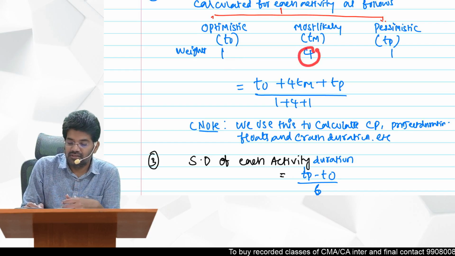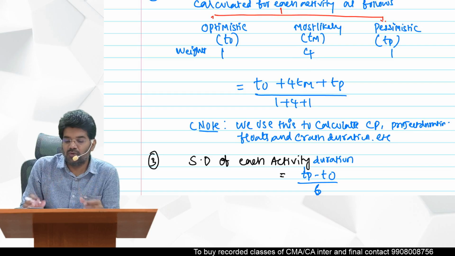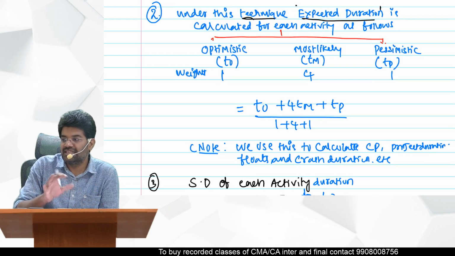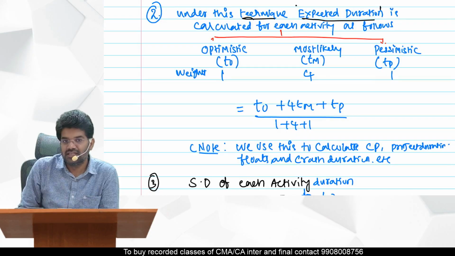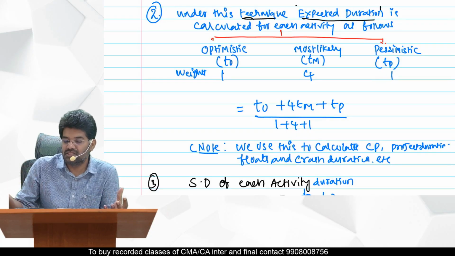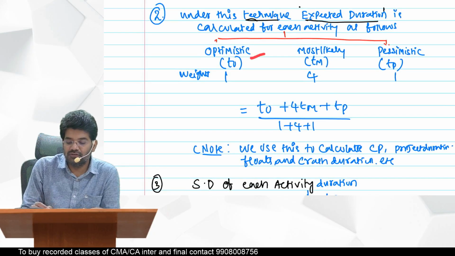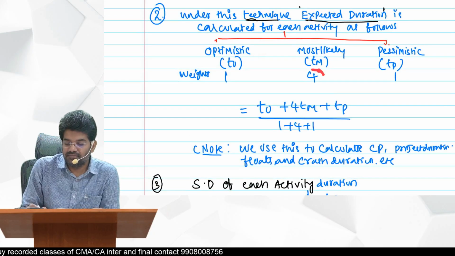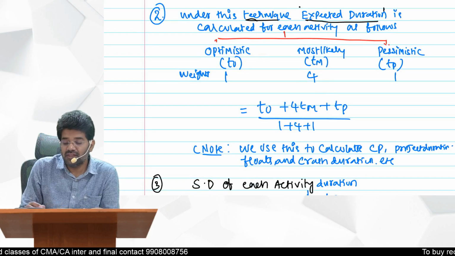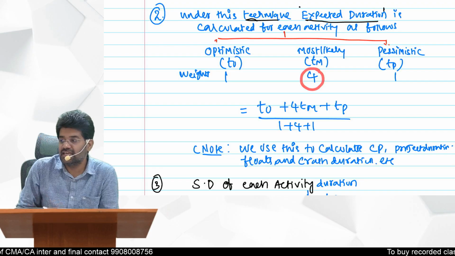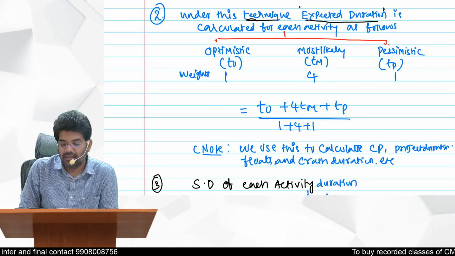So for every activity, we are going to consider three times according to these three scenarios: optimistic, pessimistic, and most likely. And then we are going to give weight to each of these. Here the weight given to the most likely case is 4.